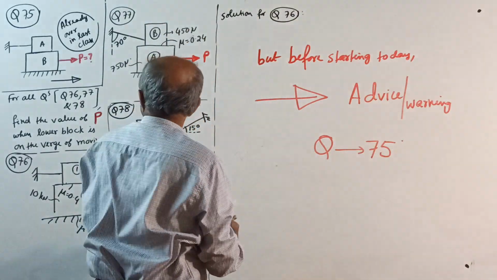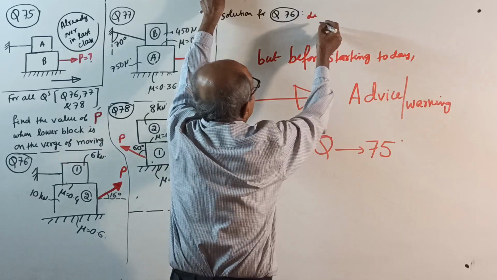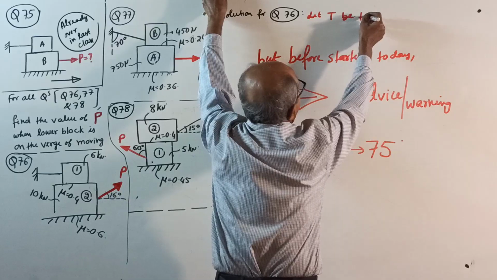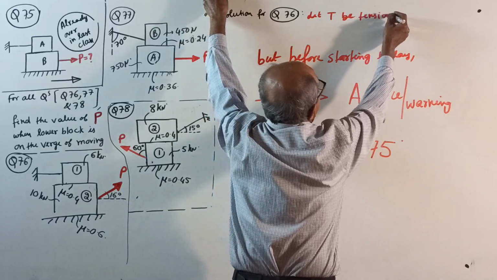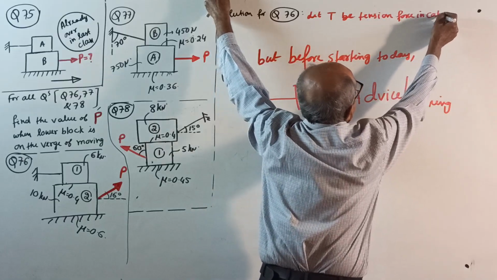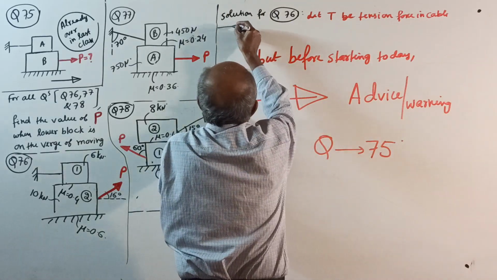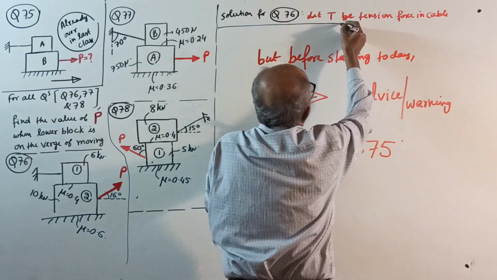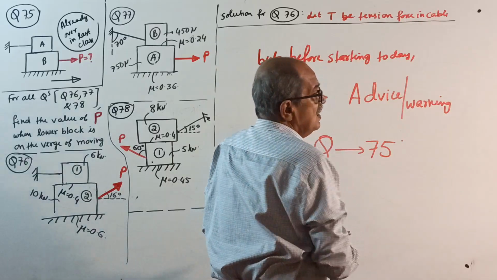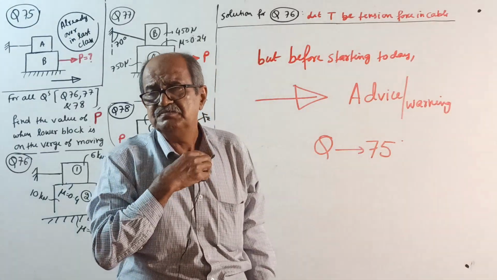See, the statement is let, other statement I will dictate, let T be tension force in cable. This statement you write for each and every question. See, this is solution for question 76. This will remain there through today's class now. Okay, now I will prepare the sketches and solve. Just 1 minute.